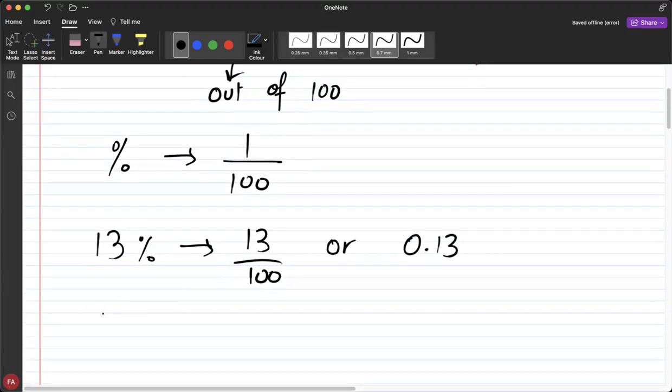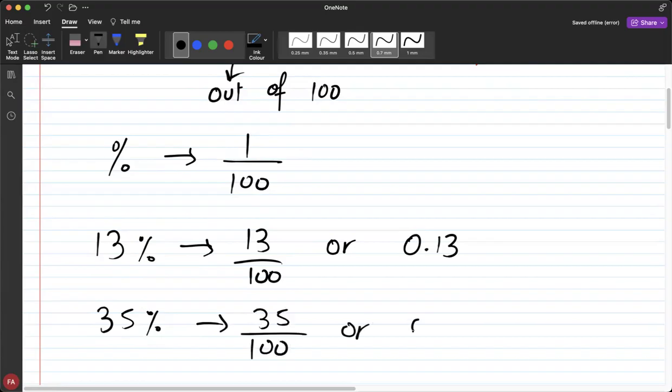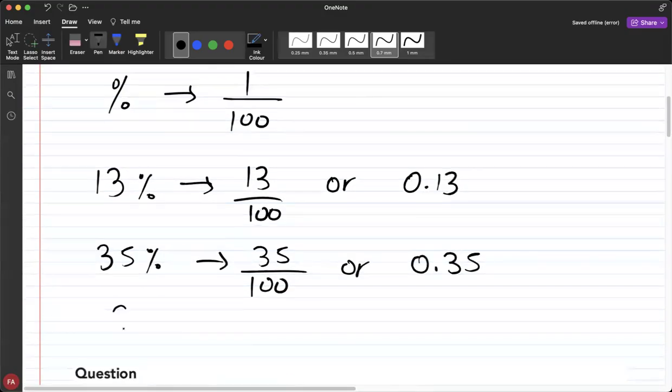In a similar way, what do you think about 35%? Like I said, you can convert this symbol over here as over 100. So that's going to be 35 over 100, or I can write this down as 0.35. In a similar way, how about 2.5%? Now, again, this is also very easy.